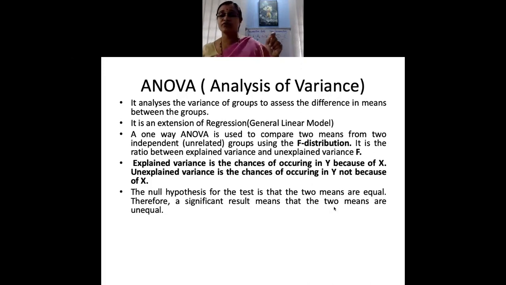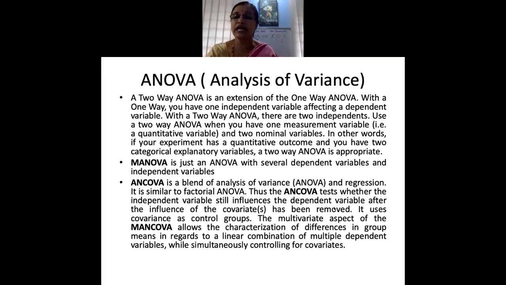So if you are finding ANOVA values, you have to go to the F distribution and find your critical values. Again, ANOVA is an extension of regression. In the SPSS package, ANOVA is under GLM, and that is where you can calculate it.